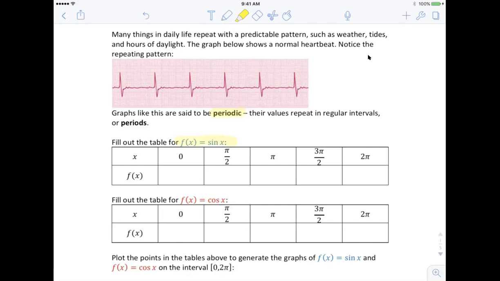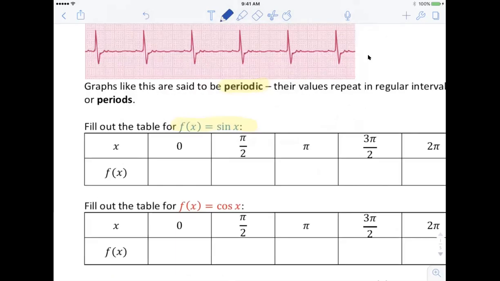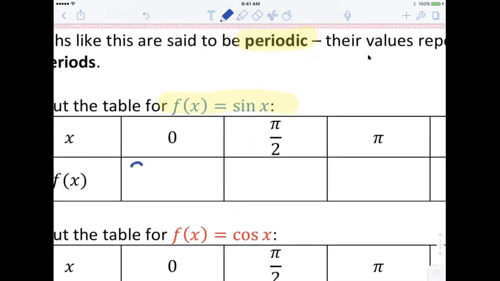For example, if x is equal to 0, I need to figure out the sine of 0. So as I start to fill out this table, I want to calculate the sine of 0 radians.